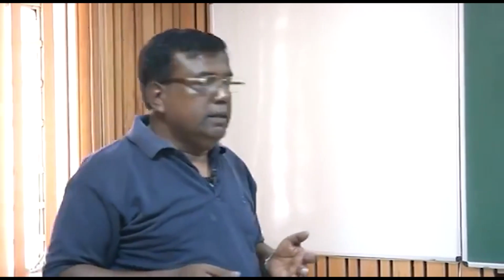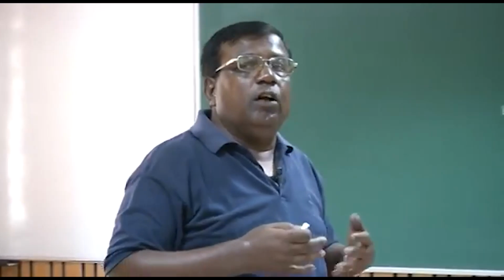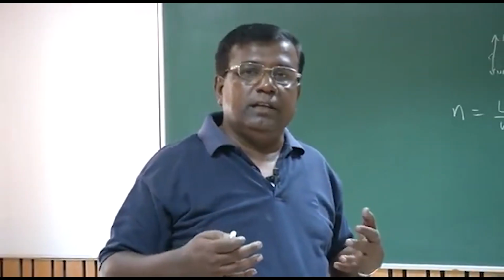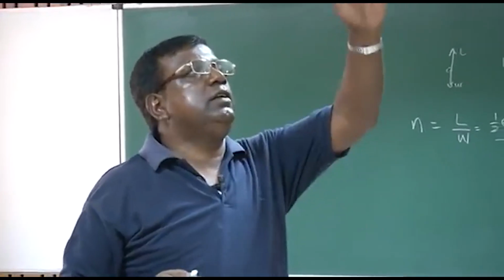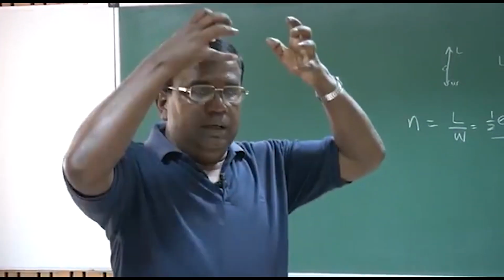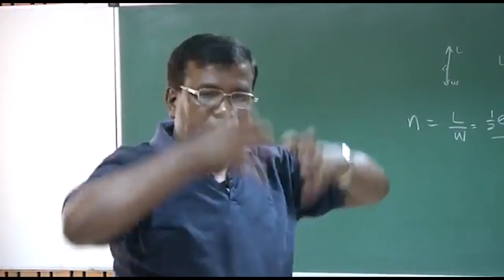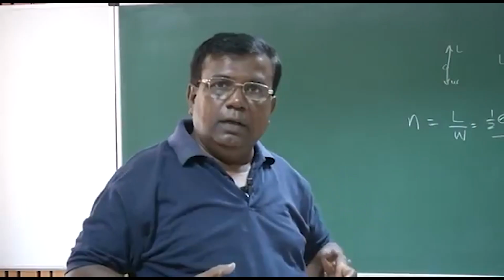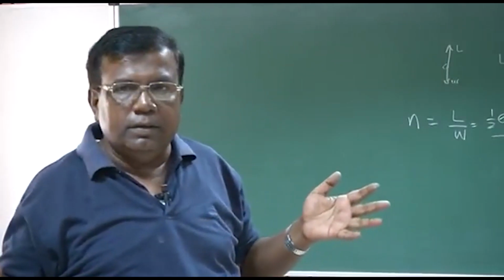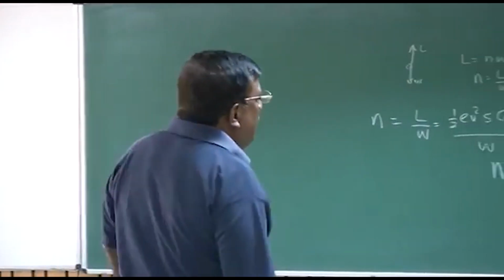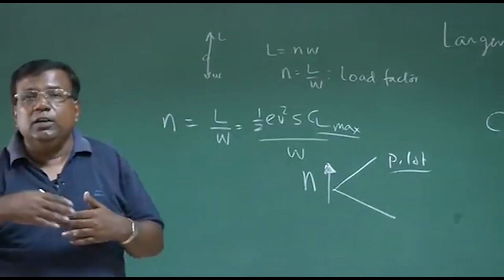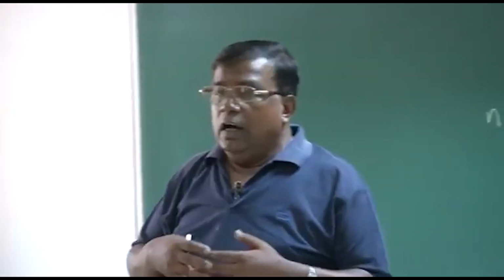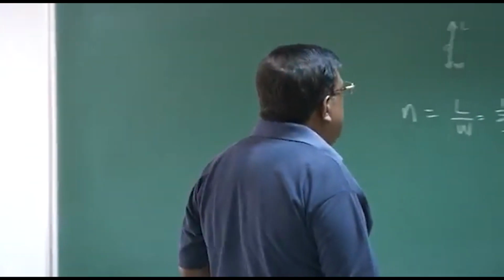Beyond a certain load factor, a normal human being will not be able to withstand it, because if I am going with a high G, high load factor vertically up, then the blood will try to come down because of inertia force, and I will feel totally dizzy. Although trained pilots can extend this limit of N, there is still a limitation because of the human being. So that is one restriction.